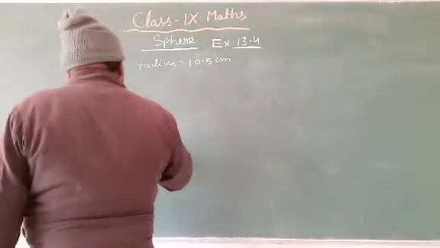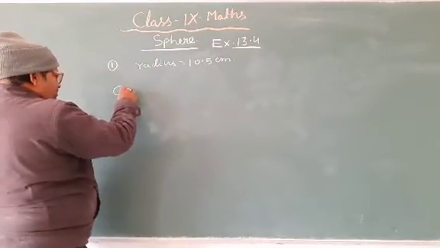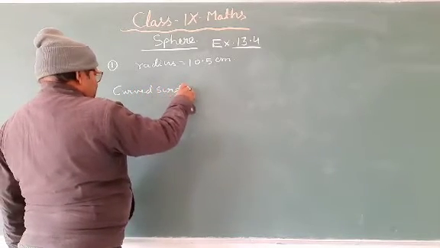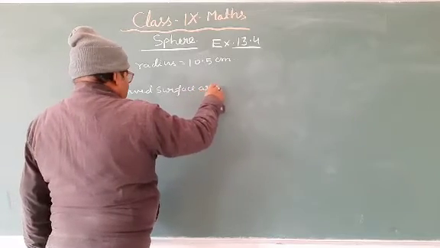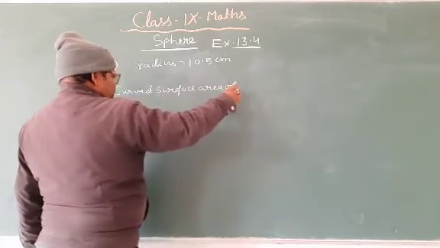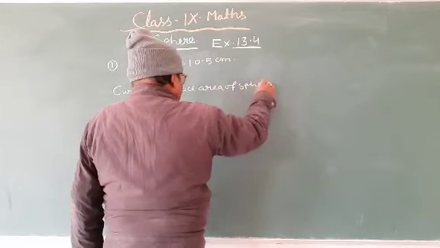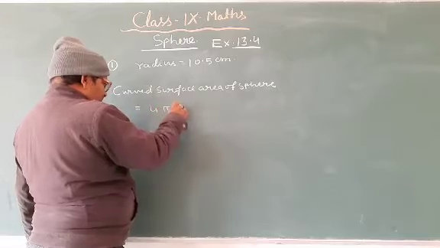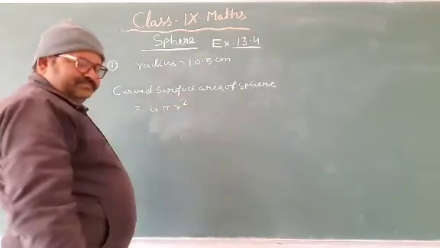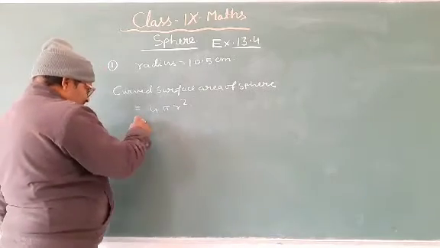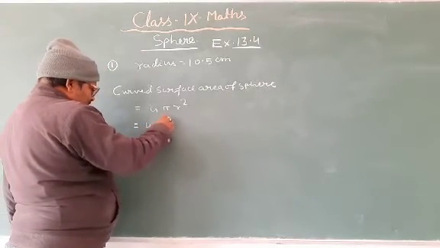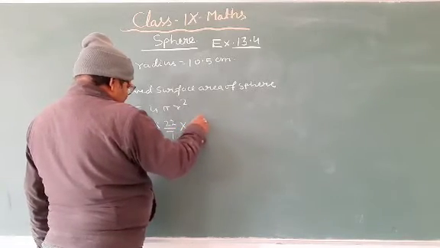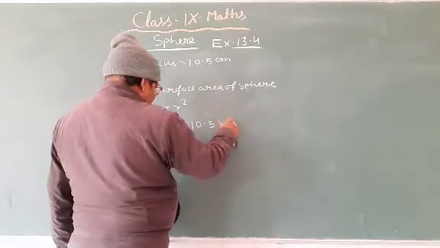Curved surface area of a sphere is equal to 4 pi r square, so 4 into 22 by 7 into 10.5 into 10.5.